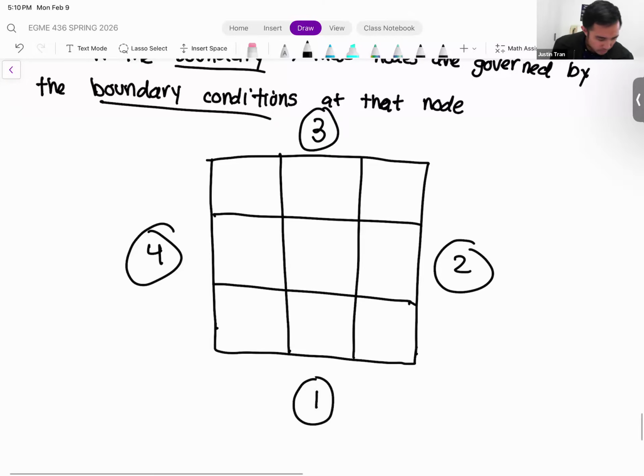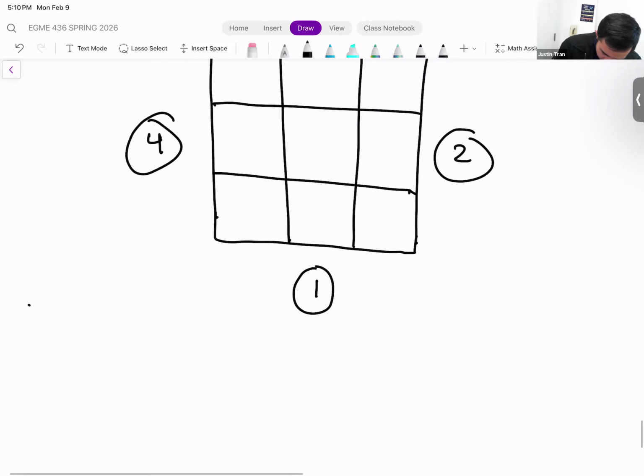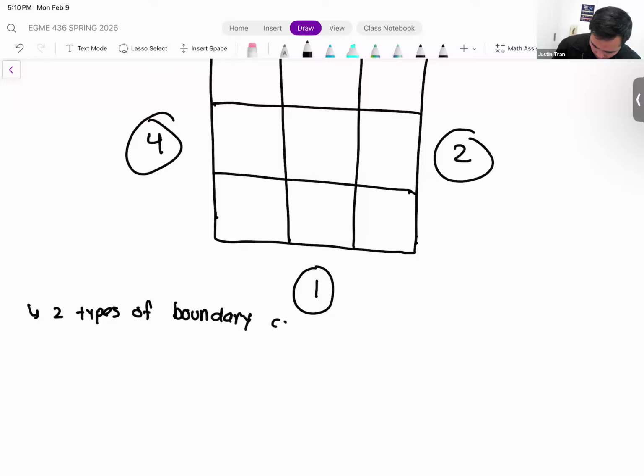Okay, and then just like in the one-dimensional case, we have 2 different types of boundary conditions. So on the one hand, we have Dirichlet boundary conditions.